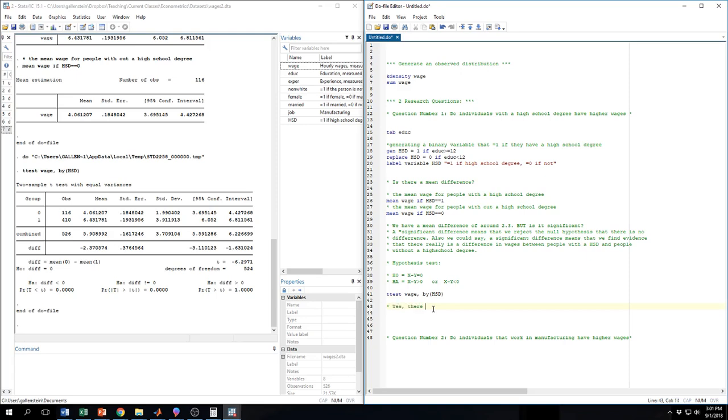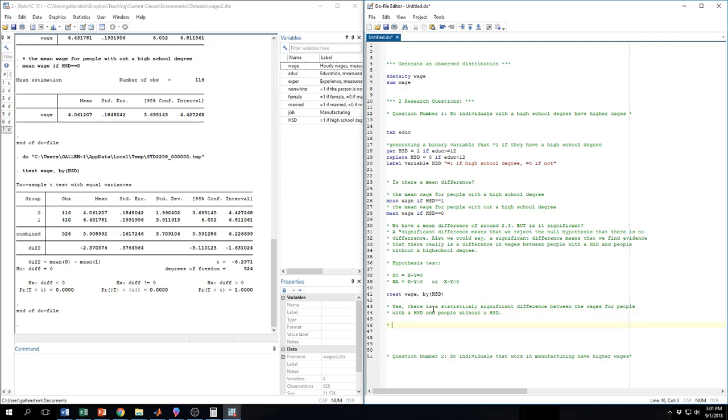Yes, there is a statistically significant difference between the wages for people with a high school degree and people without a high school degree. All right.